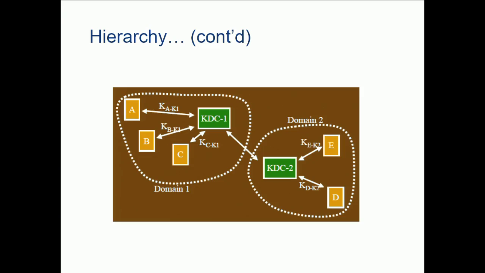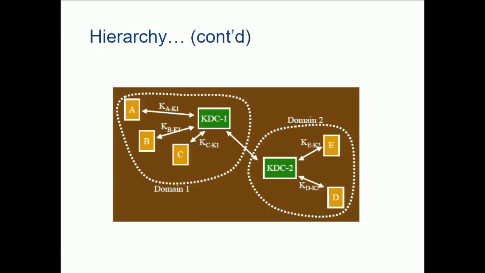So if user A wants to talk to user D in a different domain, then KDC1 and KDC2 can authenticate with each other, negotiate a shared session key, and then distribute this session key to the two users. It's similar to the previous example, where the single KDC chose the session key.